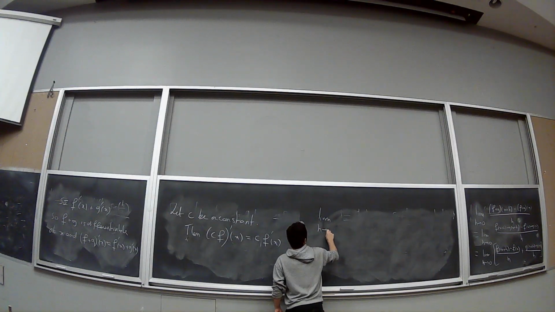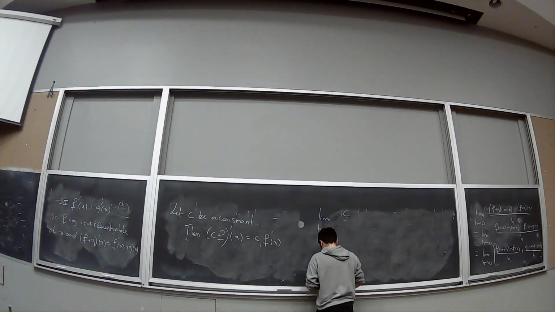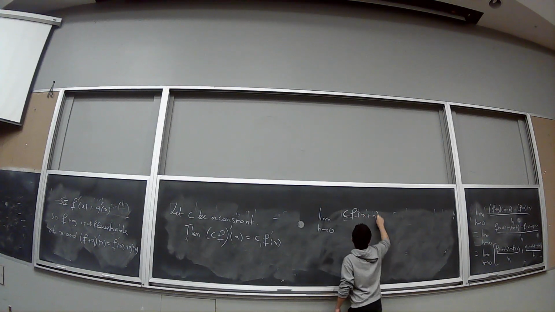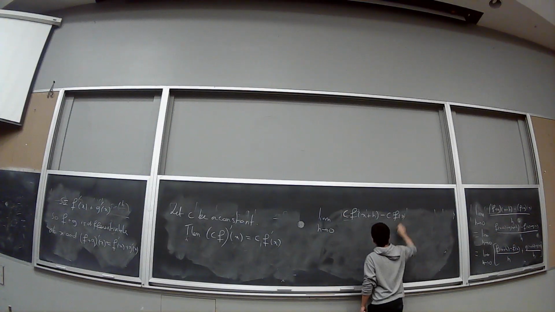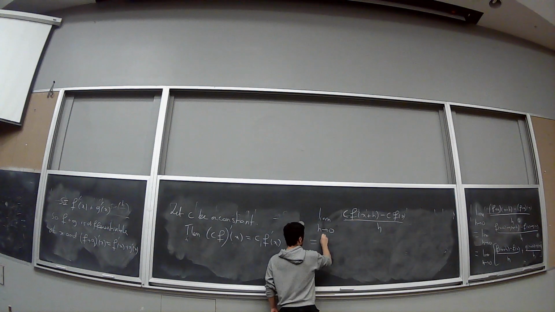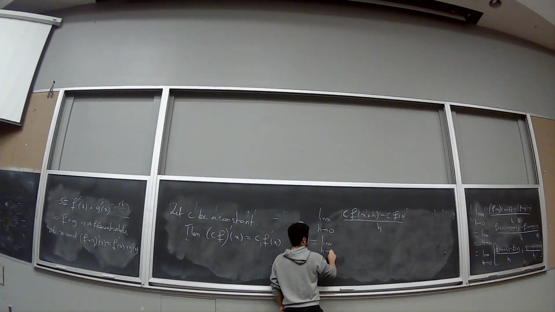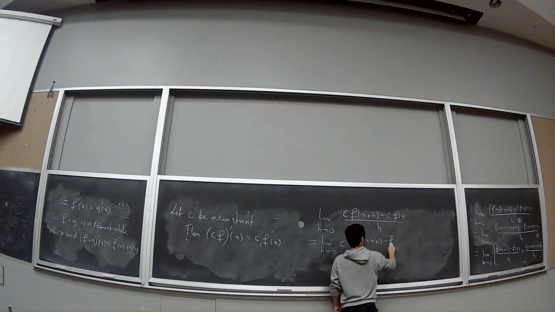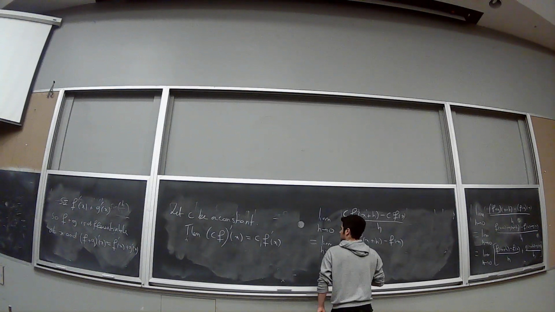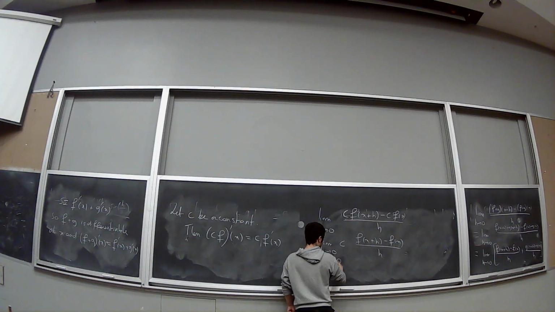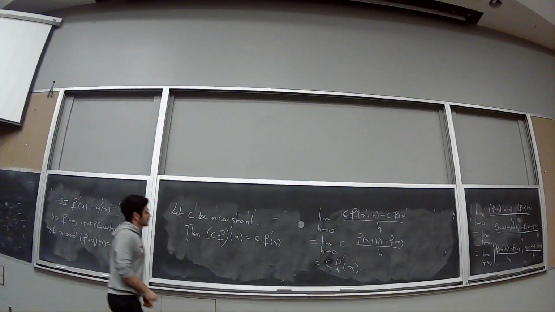The limit as h goes to 0 of C f of x plus h minus C f of x over h is equal to the limit as h approaches 0. Let me factor C out of C times f of x plus h minus f of x over h, which is just equal to C f prime of x. Okay, great.